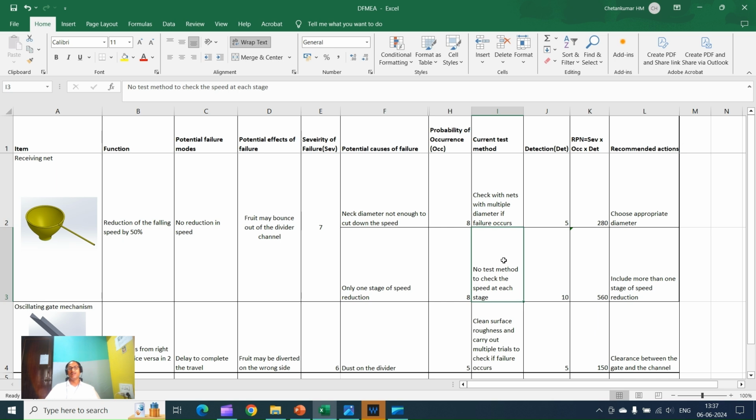So what they have identified is that currently there is no test method to check the speed at each stage. That's the reason the detection number goes very high. Okay, and the RPN for this also goes high, and the recommended action is to include more than one stage of the speed reduction.